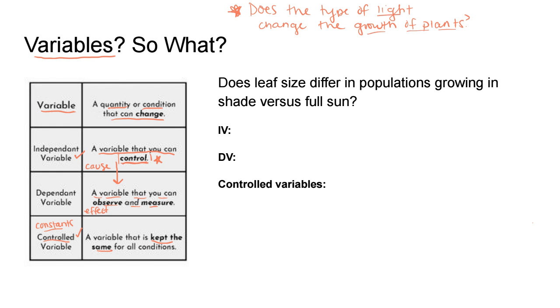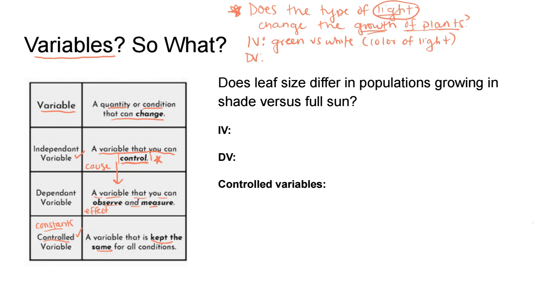So your independent variable is the thing that you are going to change. So if we're testing light, we might want to test green versus white light. So our independent variable would be color of light. And then what is the effect of that? That's our dependent variable. We want to see how that changes the growth of plants.